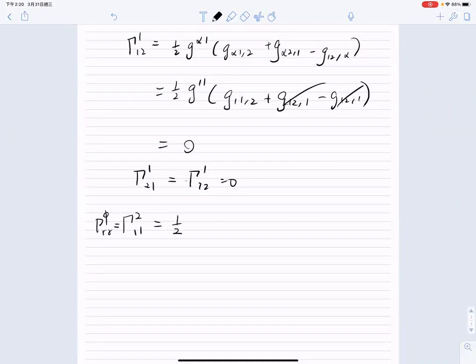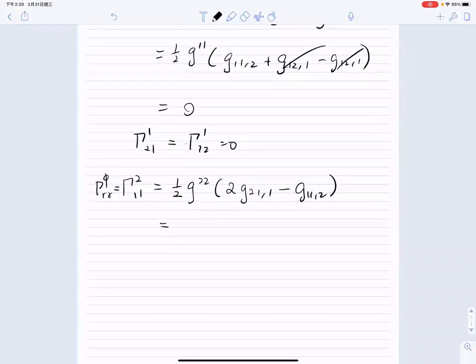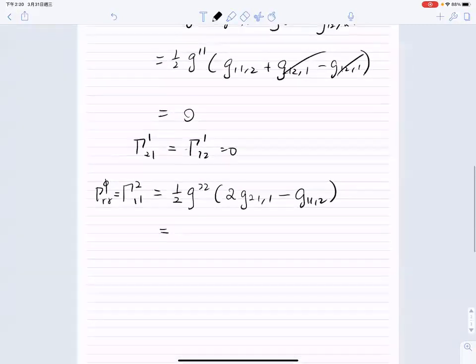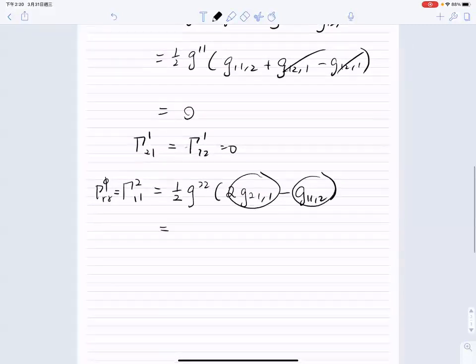It would be equal to 1/2 G^22 times (2 G_{21,1} minus G_{11,2}). After that, you find, just like the last answer, that it is 0, because there is no dependency on phi, so it turns out 0.